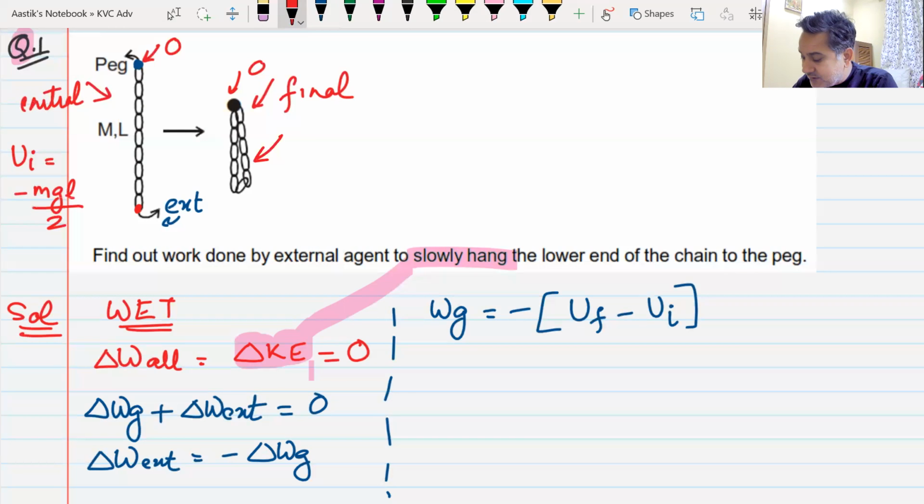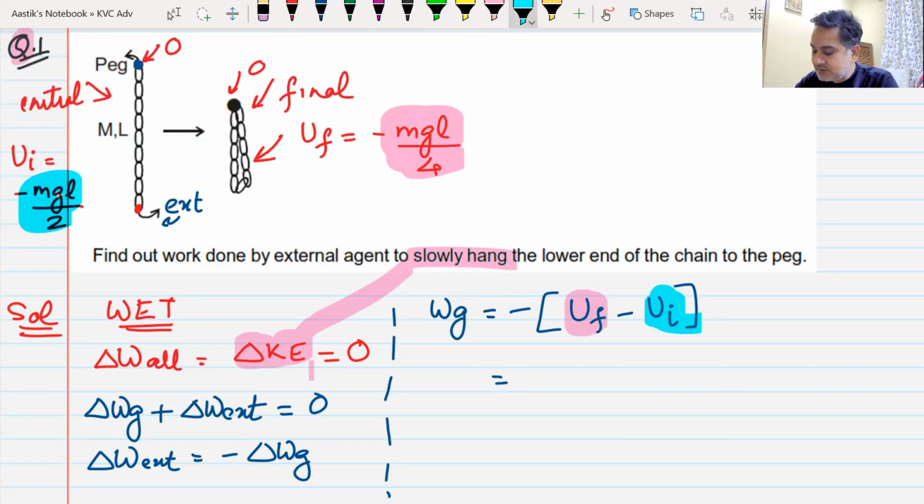What about the final energy, U final? Minus mg into L by 4. Yes or no? I put these values here. U final is this one. U initial is this one.